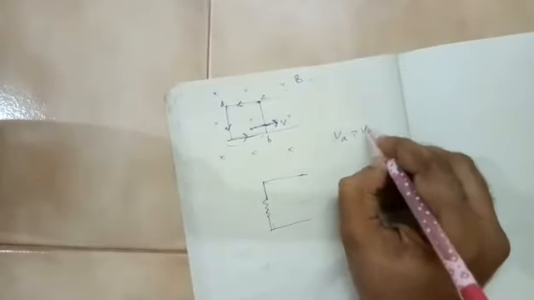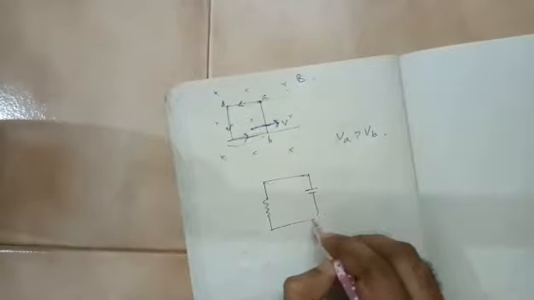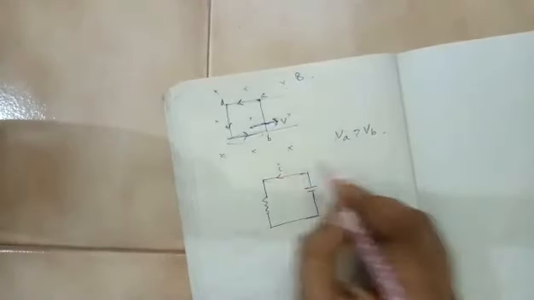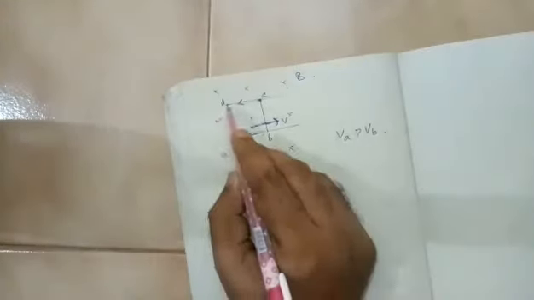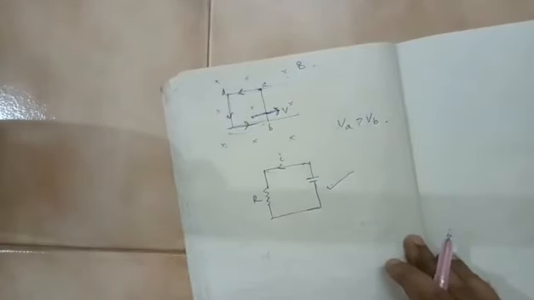Okay, so in this situation we can say that, if I say this point is A, VA is greater than VB, so the diagram will be like this. This is the induced current, and this frame has some resistance R. So this is how we form the diagram.